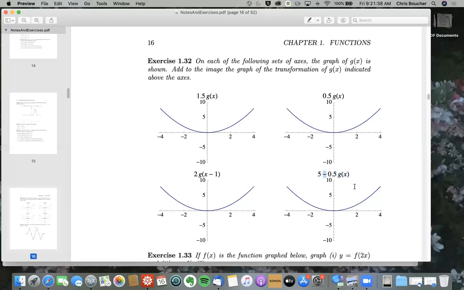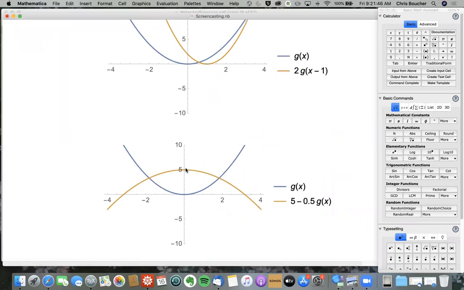That's going to reflect it through the x-axis. And then I add 5, which is going to shift it up. And the effect of all that is going to be something like this. So when I multiply by 0.5, I get kind of a shallower U. And then when I reflect, I get an upside down U down here. And then when I shift up, I get this upside down U, but shifted up 5 units.